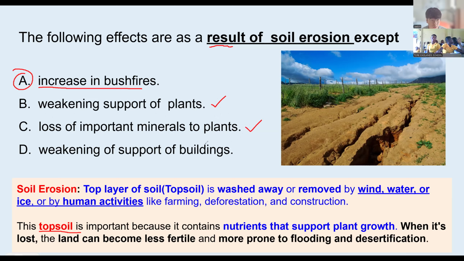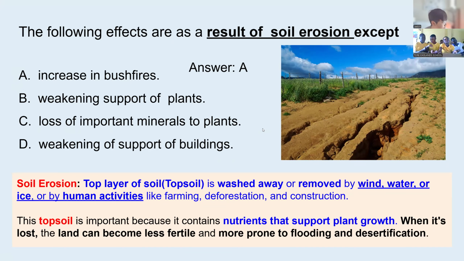And weakening of support of buildings is also a result because it'll have a less stable topsoil, remember, and a very weak base and support for buildings. That is why the answer is A for this question.